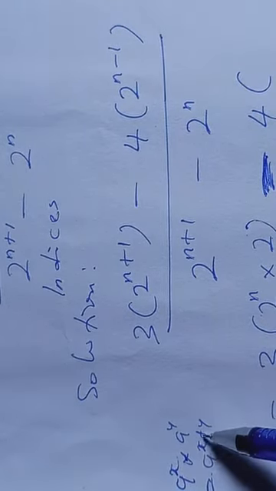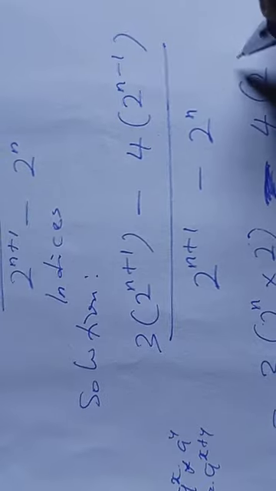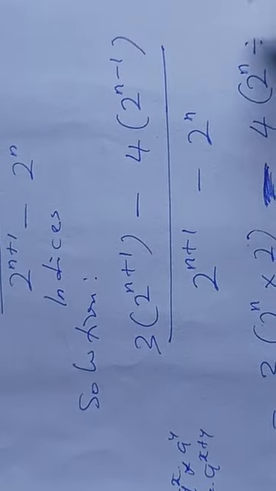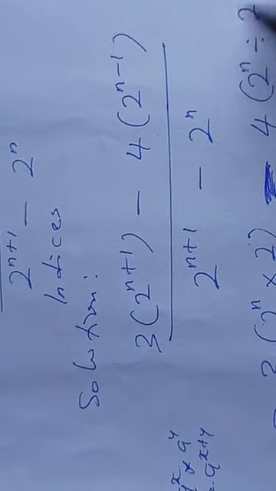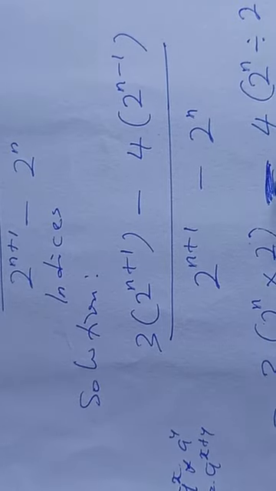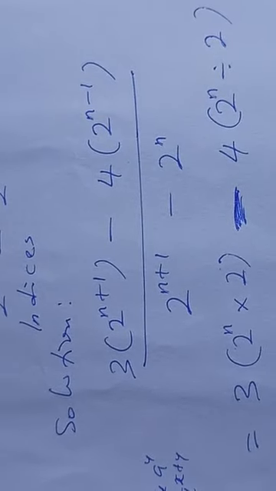So when it is divide, we subtract the indices. So this was actually 2 raised to power n divided by 2 raised to power 1, and normally we don't write the 1. So we've been able to deal with the powers now, to remove all the signs connecting them so that we can simplify.